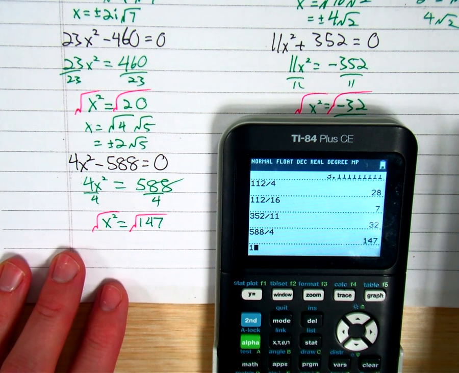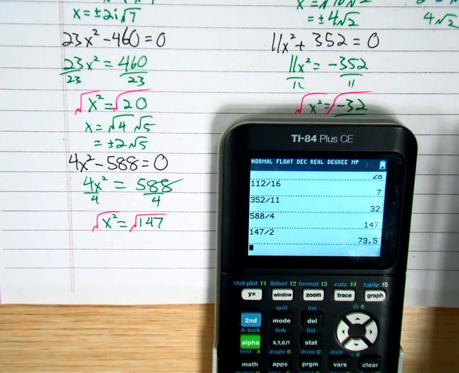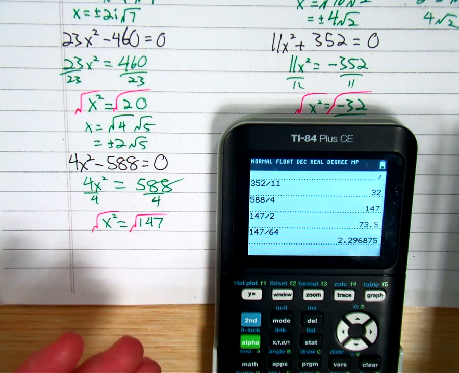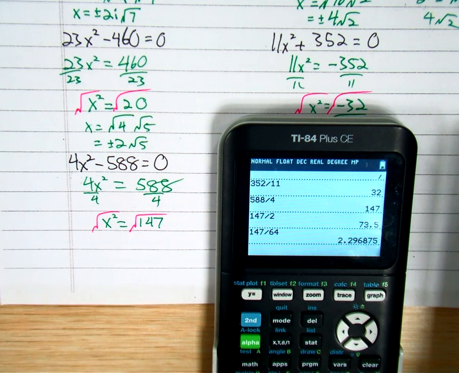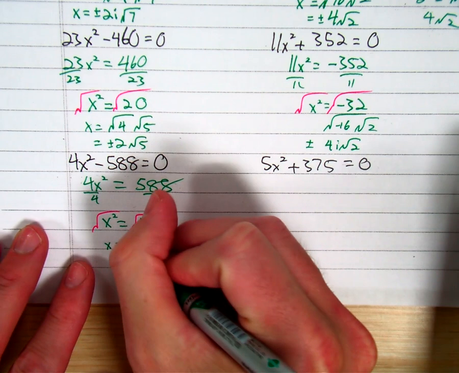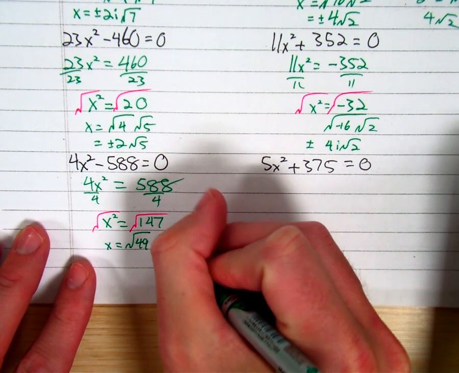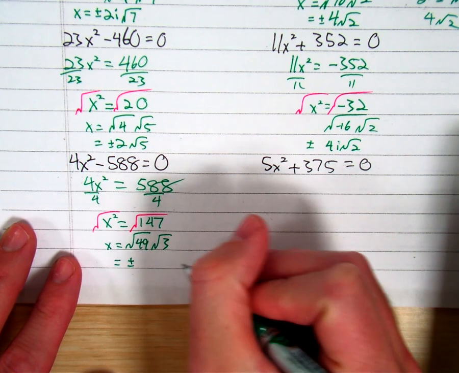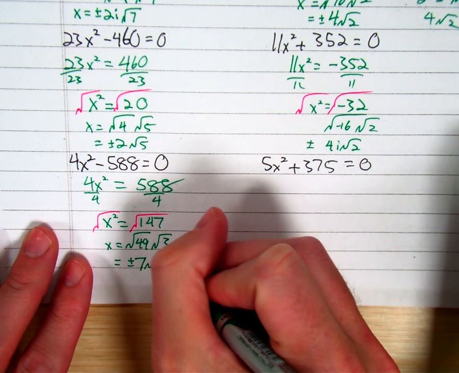I cut them in half. 147 divided by 2, 73. Okay, that's not a perfect square, so the next one down from 73 would be 64. So I do 147 divided by 64. Nope. After 64, that was 8 squared. How about 7 squared? 49. 147 divided by 49. Ta-da! 3. So we would have square root of 49 times the square root of 3 for a plus minus 7 radical 3.